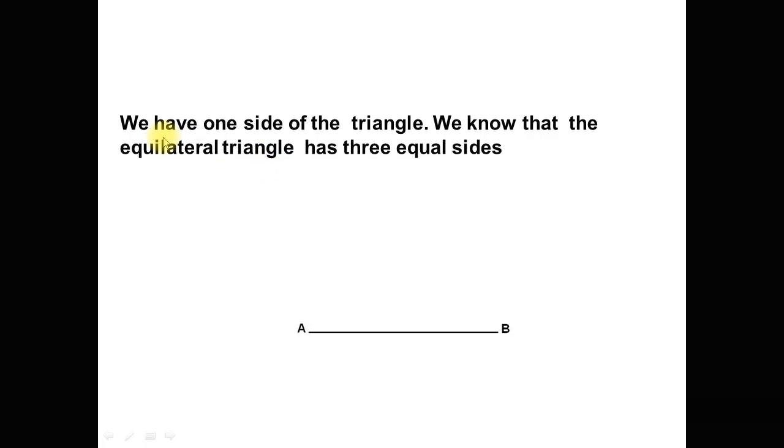We know that the equilateral triangle has 3 equal sides, so in the data only the measurement of one side will be given. So first of all, draw the given length of the side, suppose AB is 4 cm or 5 cm, etc.